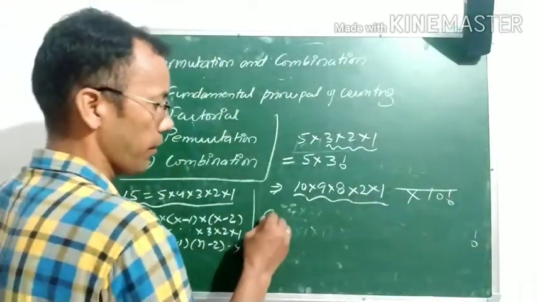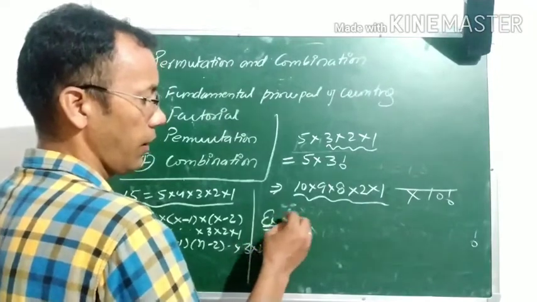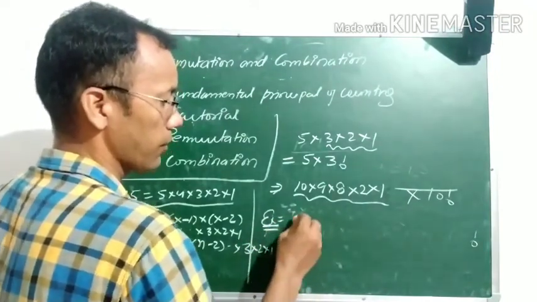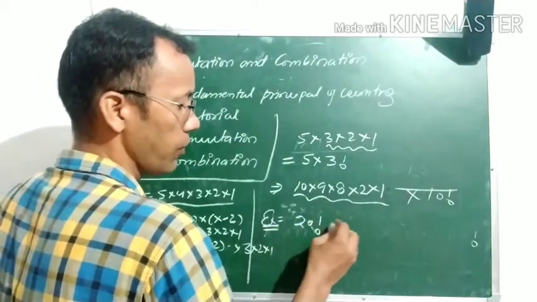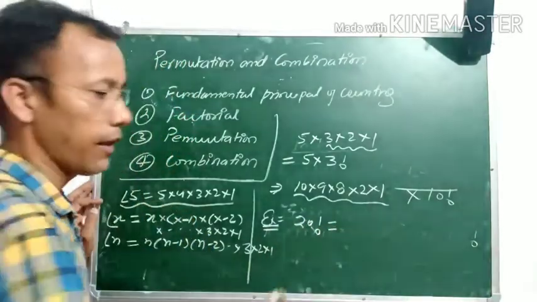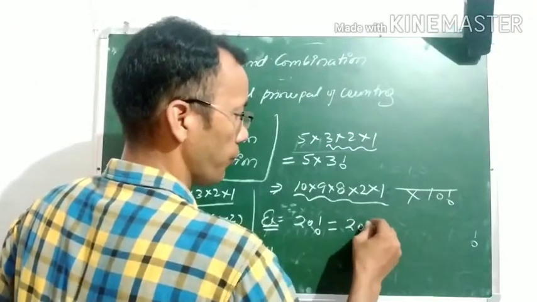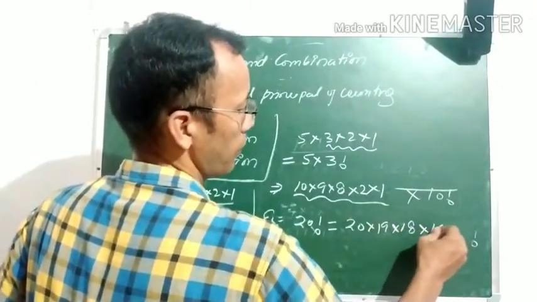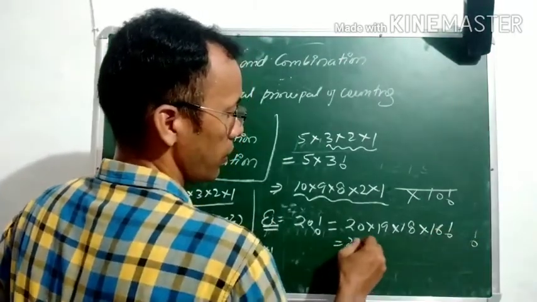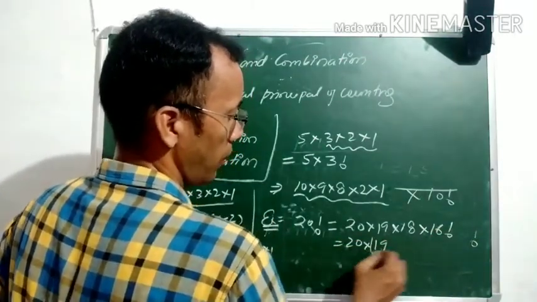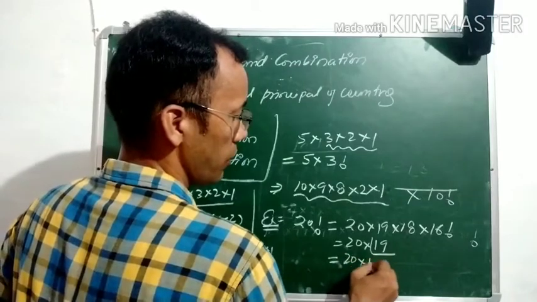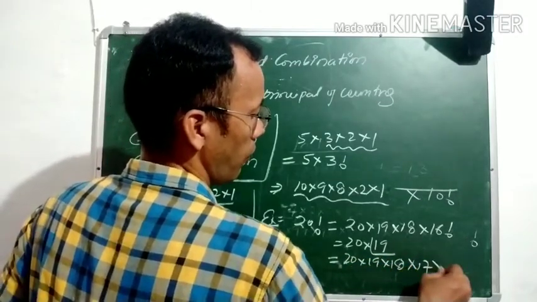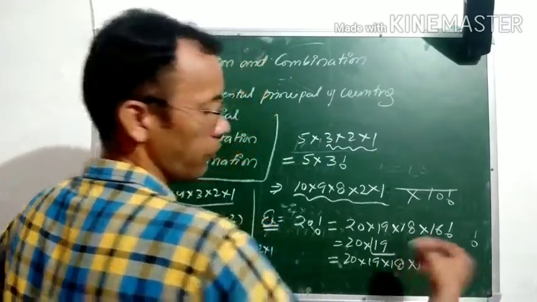Next example, suppose we have 20 factorial. It can be broken down like 20 into 19 into 18 into 16 factorial, or 20 into 19 factorial, or 20 into 19 into 18 into 17 into 15 factorial, and so on.